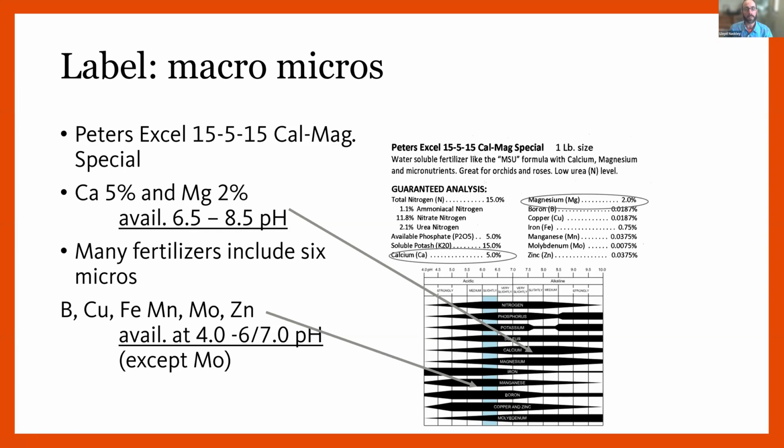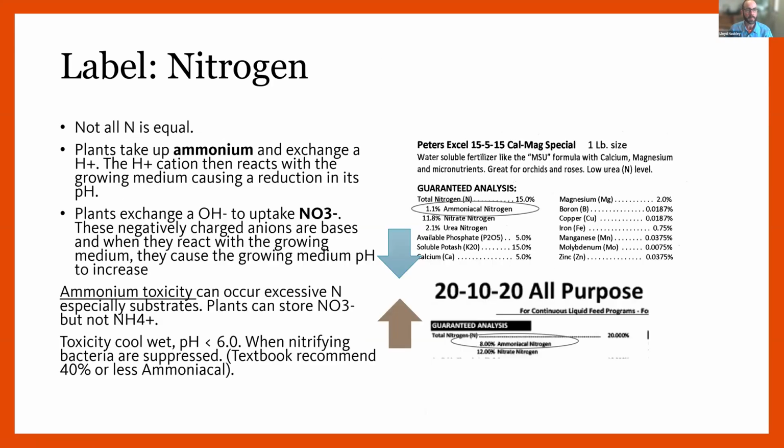Calcium and magnesium are critical, as are all the other elements for plant growth, but can be especially useful for hydroponic vegetables and fruits. So tomatoes, cucumbers, and some leafy greens, depending.